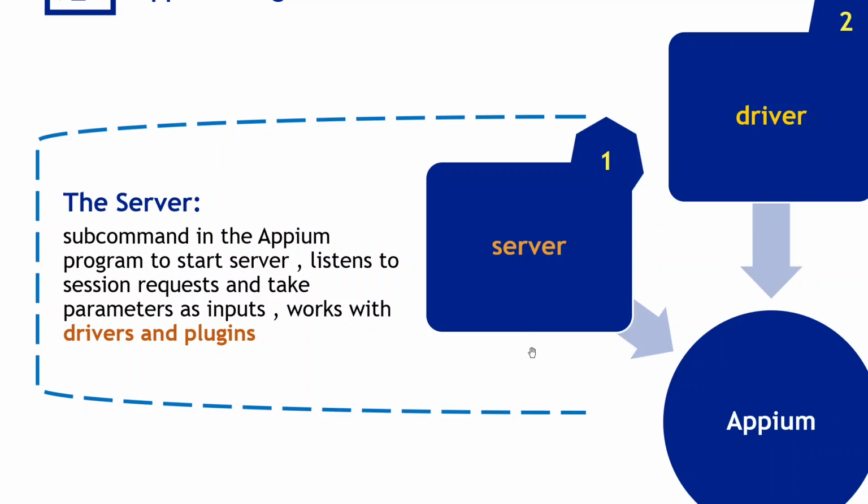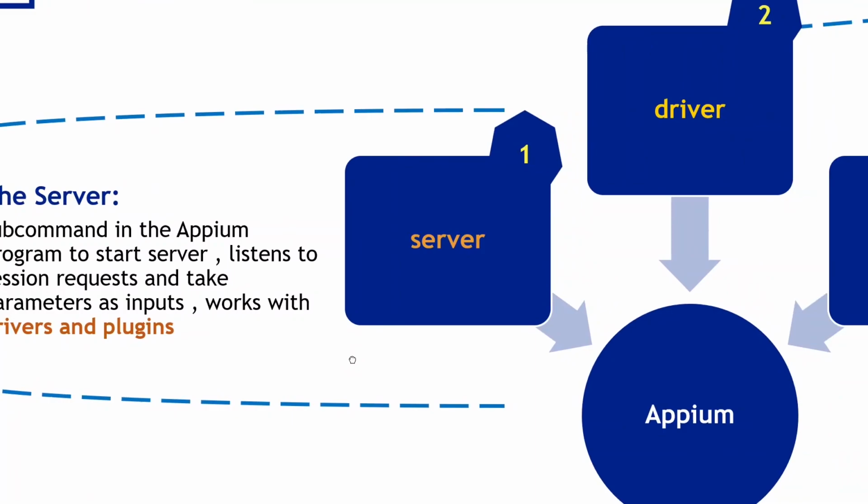Like that, Appium server has its own commands to start, customize and manage. It depends on the requirement. There are a number of commands they have provided, but there are must-have commands that I'm going to cover as part of this session.